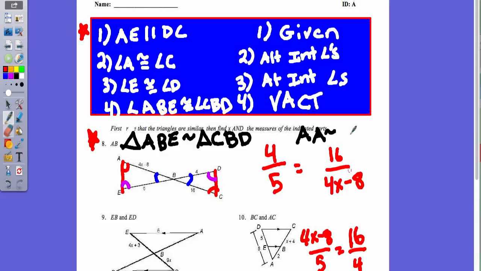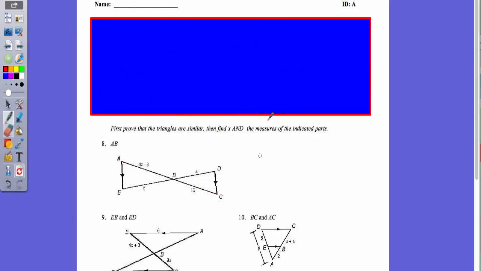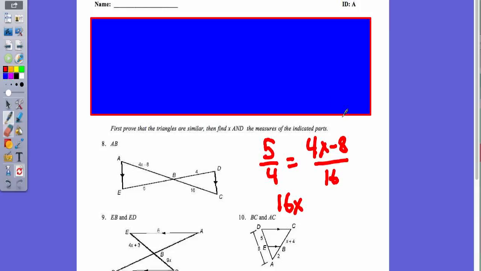Do we have this one? I got x equals 3. How did you set it up? 5 over 4 equals 4x minus 8 over 16. Okay, so hold on a second. You set it up as 5 over 4 equals 4x minus 8 over 16. 4 times 4x is 16x. 4 times negative 8 is negative 32.